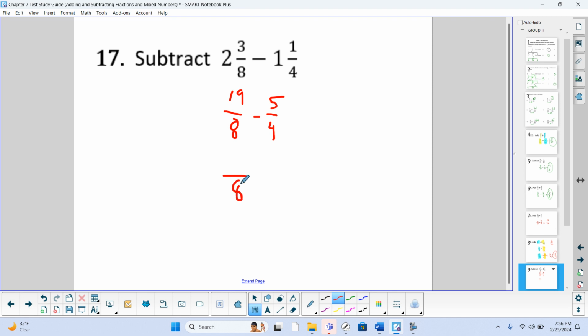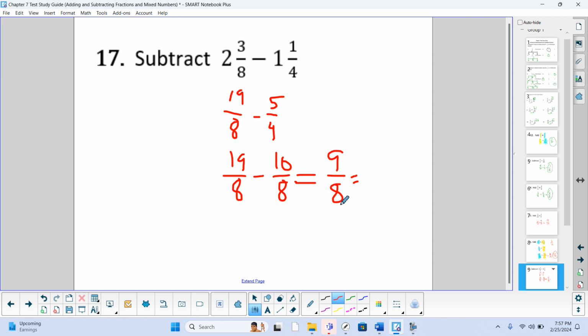So 19 over 8 is just going to remain 19 over 8. And 5 over 4, I'm going to double the denominator to go from 4 to 8. So I'll double the numerator to get to 10. So I have 19 over 8 minus 10 over 8 equals 9 over 8, which is a fraction greater than 1.